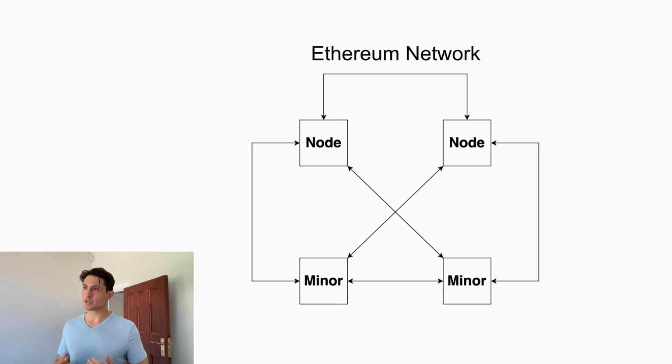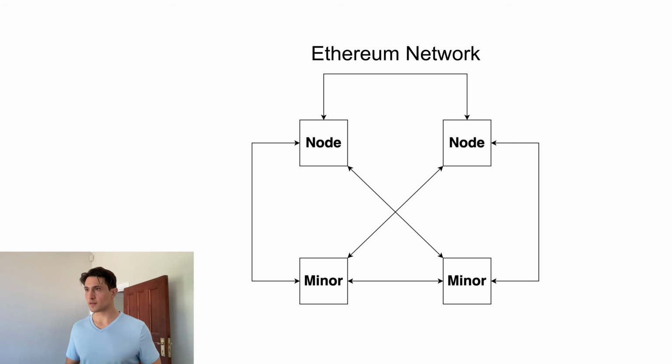You have other types of nodes, for example, miners. Now, miners will not have a complete copy of the ledger, but what they will have is responsibilities to try and mine the next block on the blockchain and actually mine transactions. But all of these nodes are linked and in constant communication.